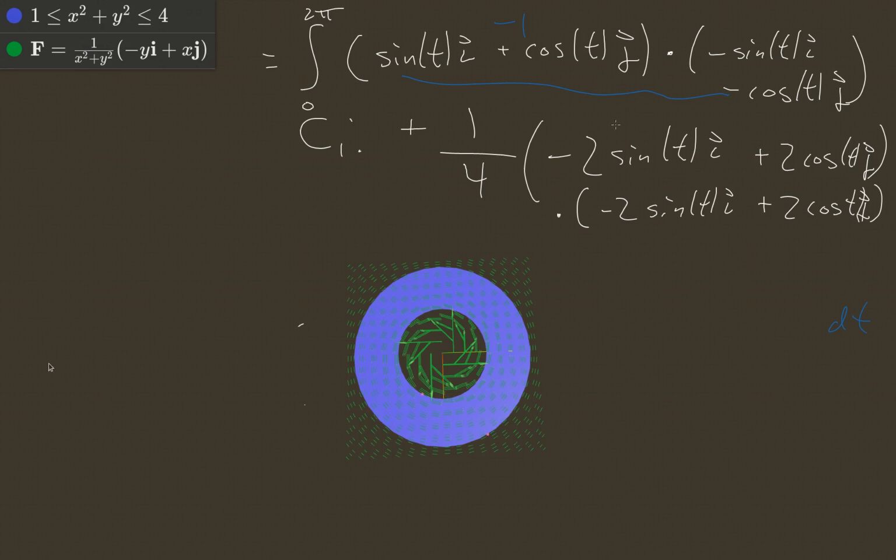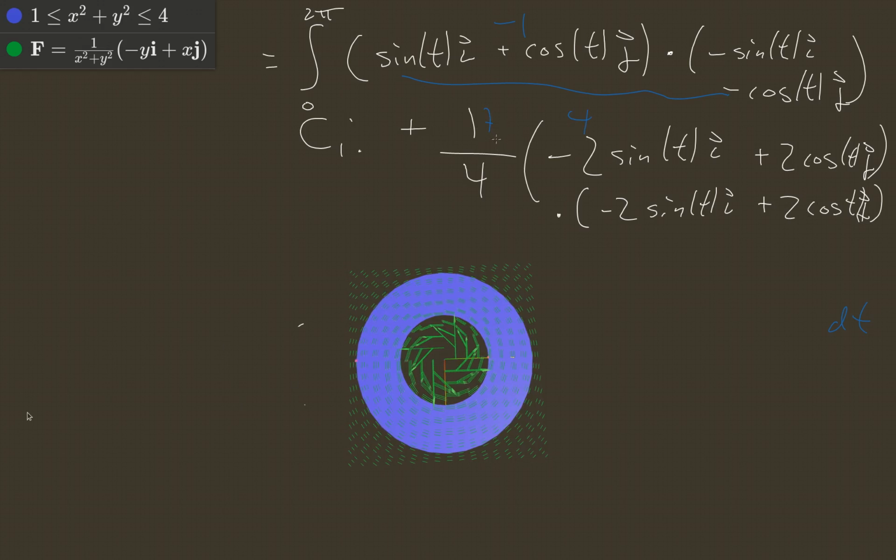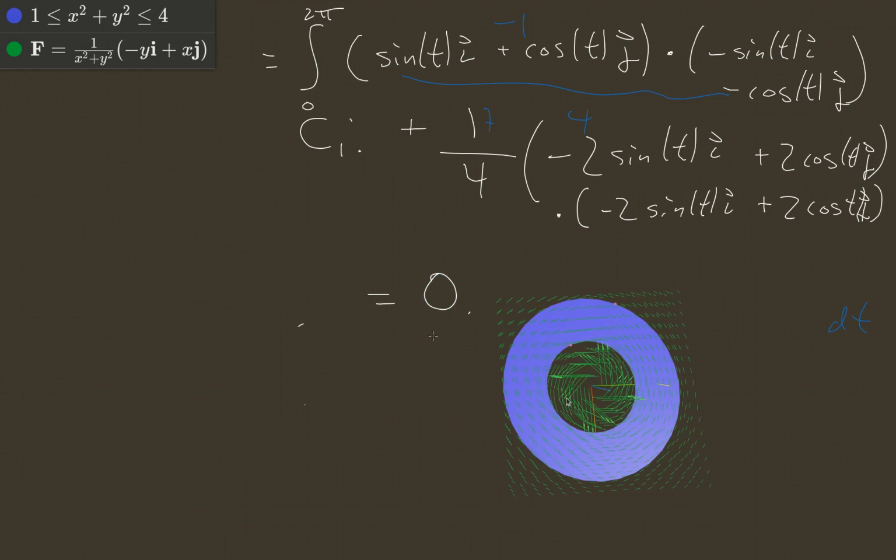So here we'll get 4 and then 1 over 4, so this is plus 1. So we have negative 1 here and 4 over 4, so plus 1 here. So again, the integral is 0.